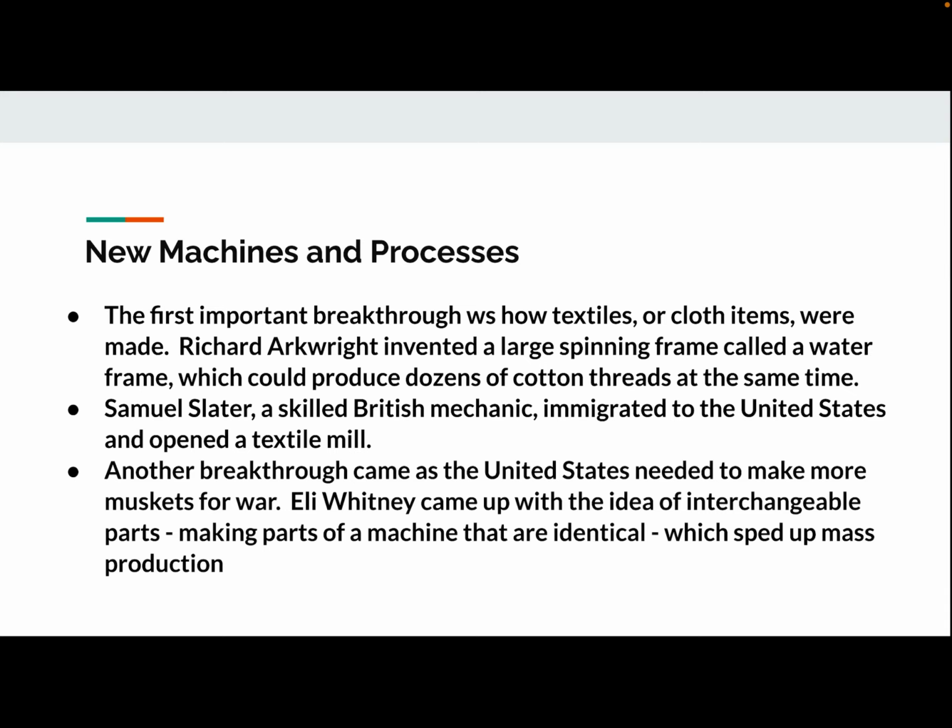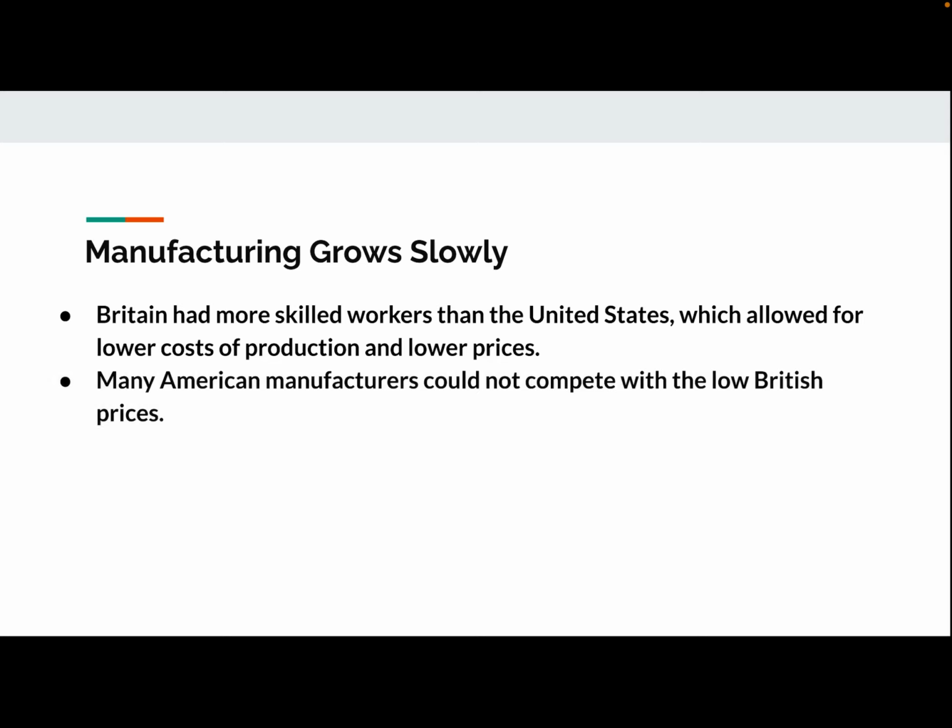Great Britain was obviously more developed than the United States, and especially with the Industrial Revolution, many manufacturers just could not compete with the low British prices. If you're looking to buy something that was manufactured, you're going to pay the lower price versus the higher price.